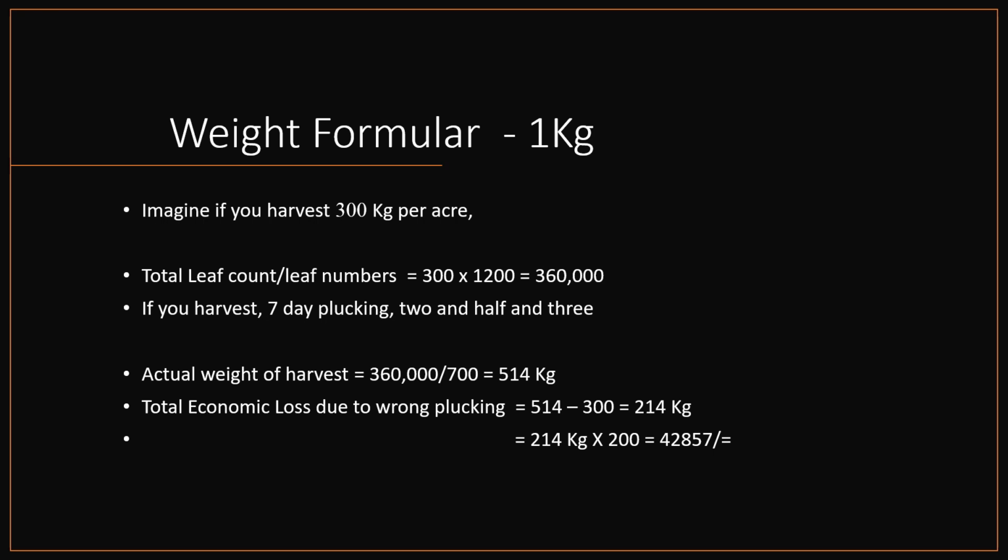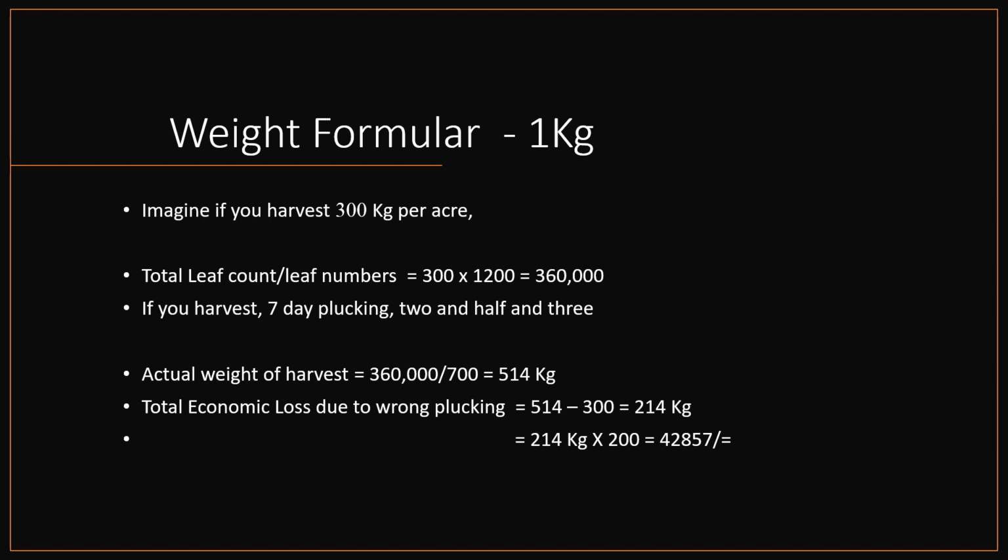Because of that, we are requesting you should not pluck very, very immature leaves from your plucking table. It generates a loss of 50,000 Sri Lankan rupees per acre. It's a huge amount of money. Therefore, as a farmer, you should follow the correct plucking intensity at your estate to increase the yield of your estate.